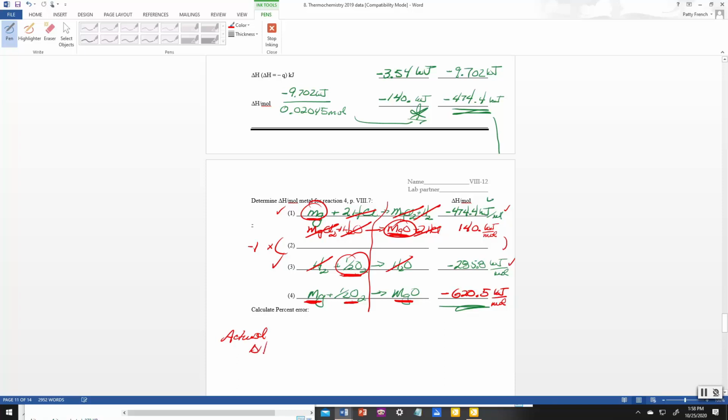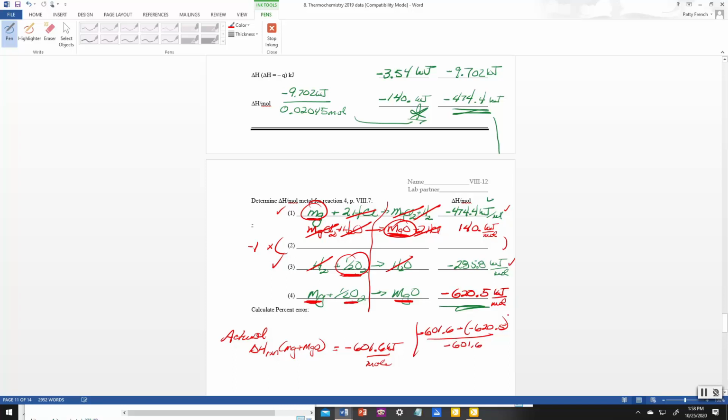Now, several pages back, I had the actual delta H reaction for magnesium, and it was -601.6 kilojoules per mole. So again, percent error: -601.6 minus -620.5 divided by -601.6.